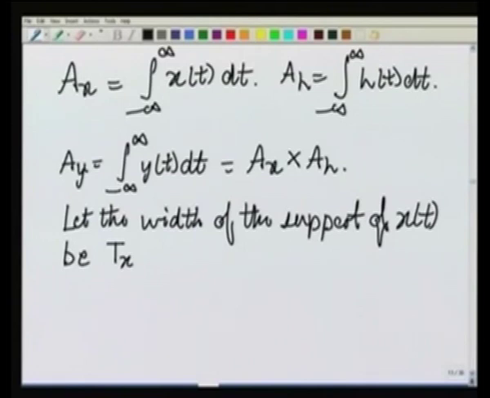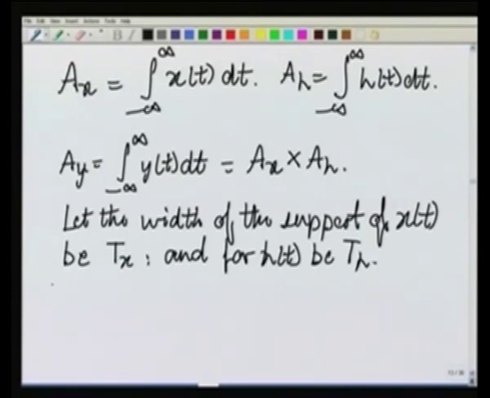That is to say, x t is non-zero over the interval T x and 0 elsewhere, and the same thing for h t be T h.